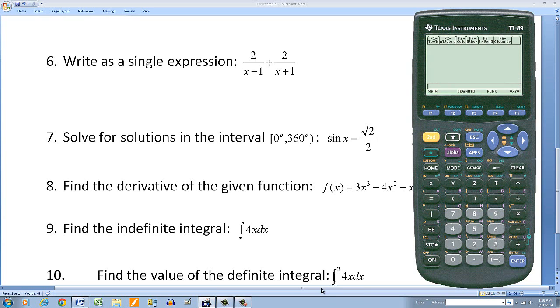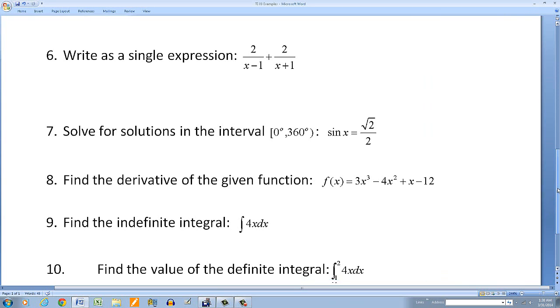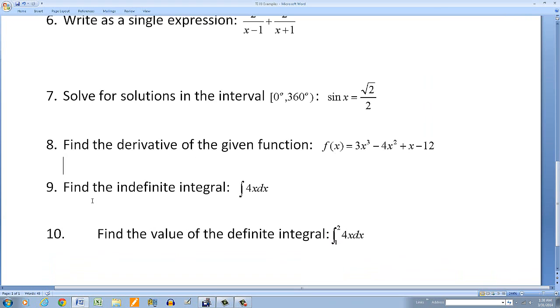Okay, number 10 is a related problem. It's related to number 9, and in this case, instead of finding an indefinite integral, it says find the value of the definite integral. Definite in this case means you have limits here from 1 to 2. So the answer to this problem is going to be numeric.